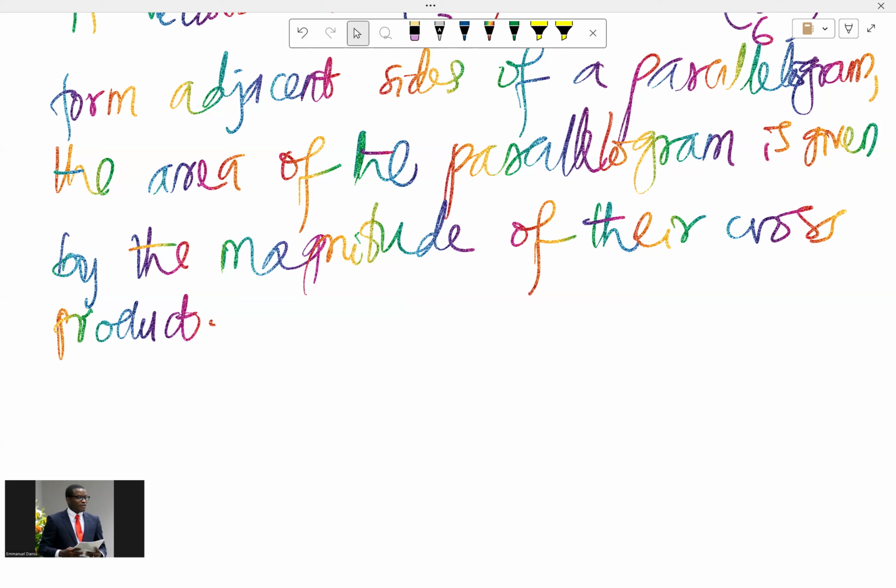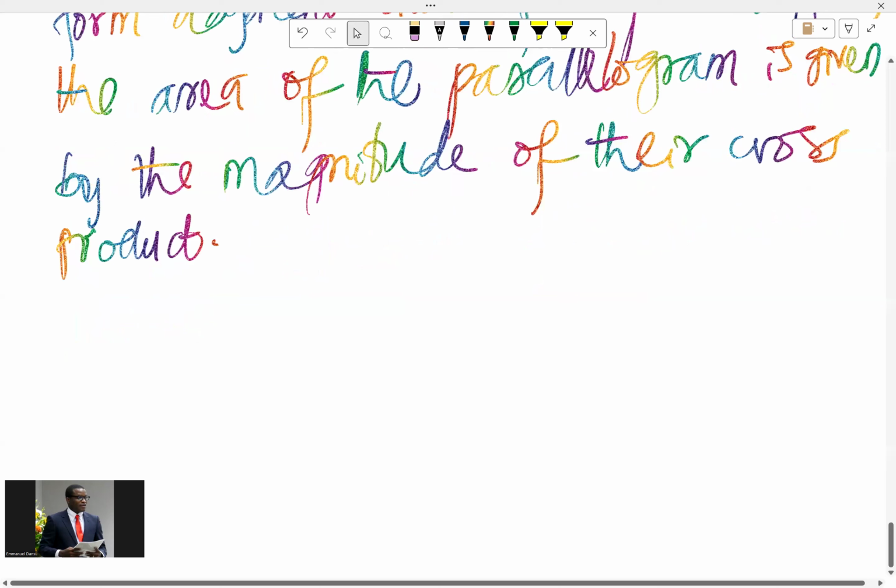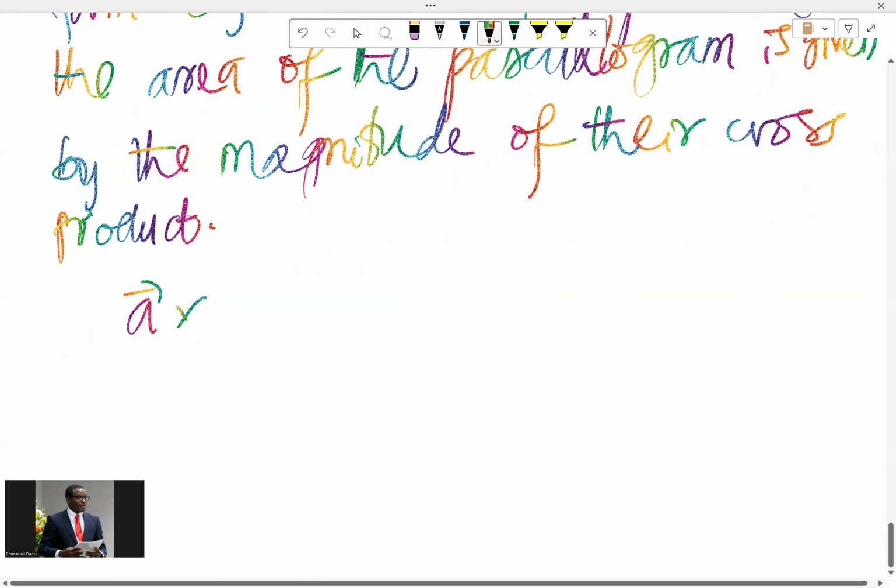I'm trying to put everything together properly. We know the idea of cross products normally. So let's go. We have A cross B, right?